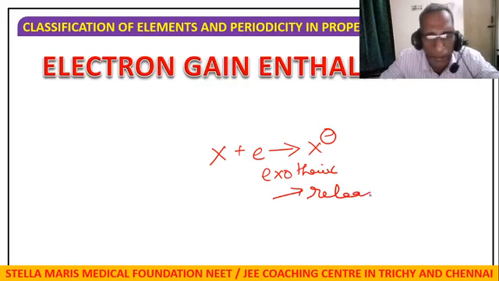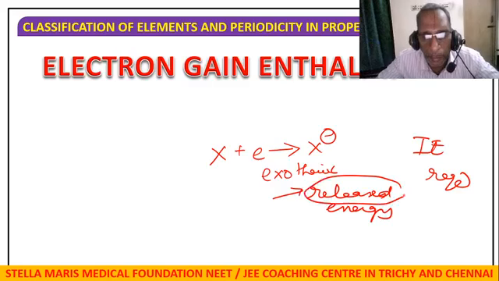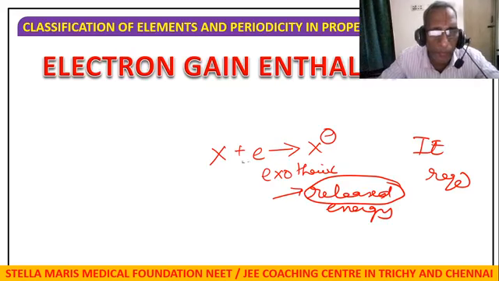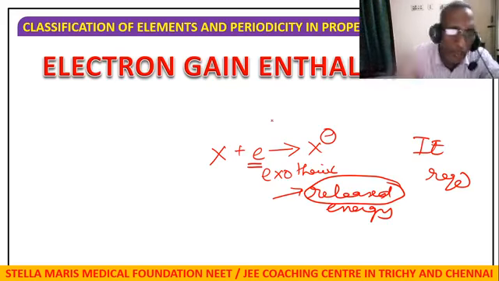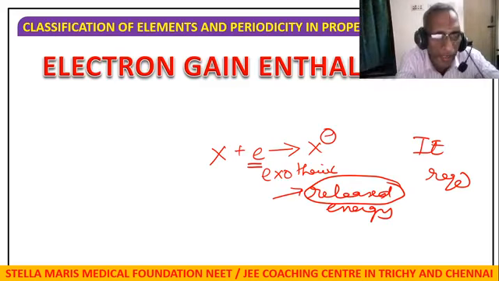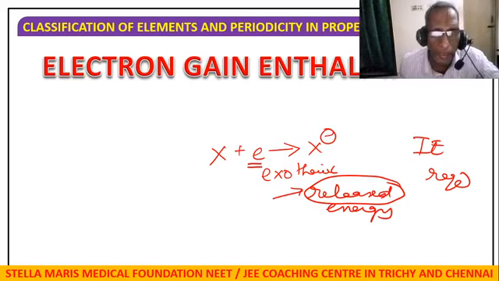We have seen that in ionization energy, energy is required, whereas in electron gain enthalpy, when one atom gains one electron, it releases energy. That is called electron gain enthalpy.